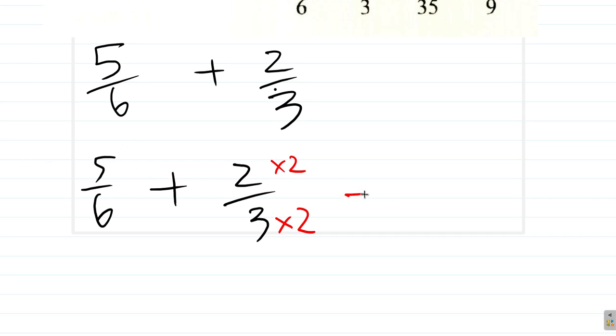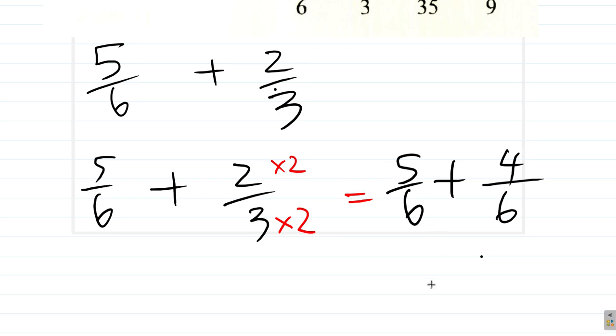So what you have is 5/6 plus, up top is 2 2's 4 over 3 2's 6. So it's 5/6 plus 4/6. So you have 5 of 1/6 plus 4 of 1/6, and if you add 5 of anything to 4 of the same thing, you get 9 of that thing.